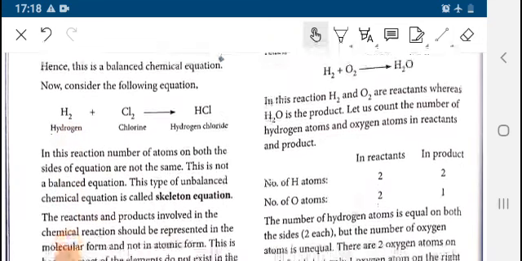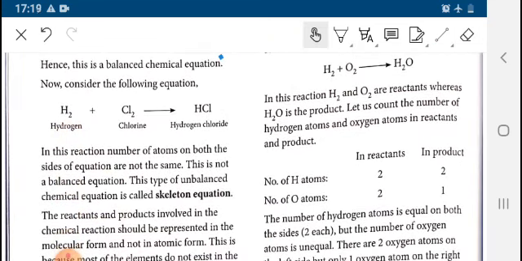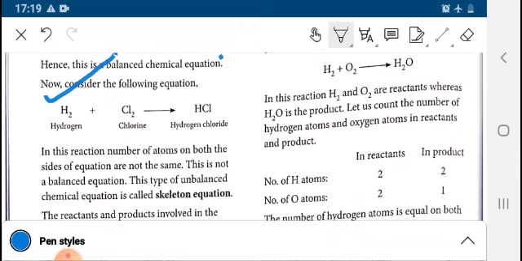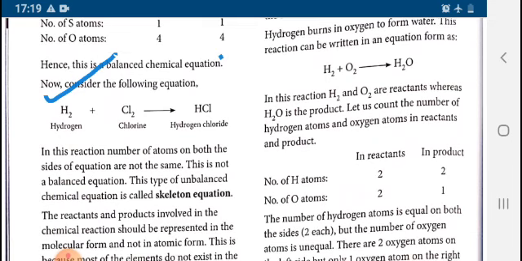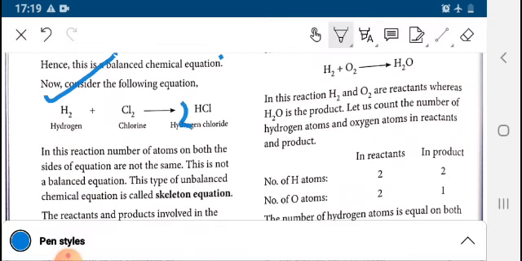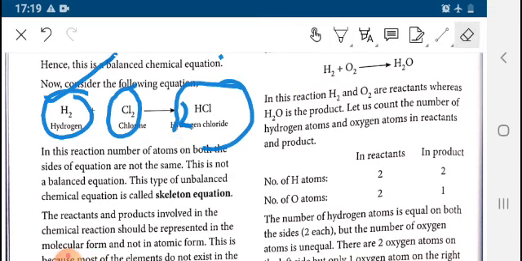After this, we are considering the second equation, that is H2 plus Cl2. Here also 2 atoms of hydrogen, 2 atoms of chlorine, giving HCl. So this reaction is not balanced, so we will have to write here 2, so that there are 2 hydrogen on the left side and 2 hydrogen on the right side, 2 Cl on the left side and 2 Cl on the right side.